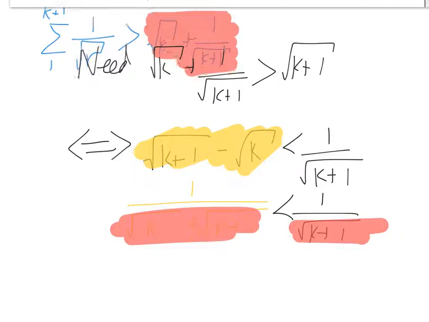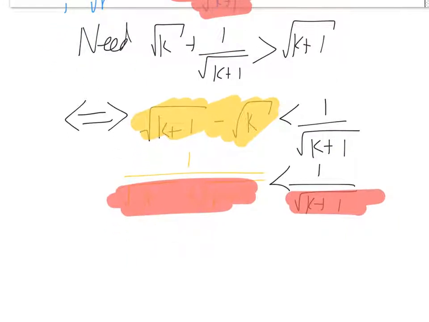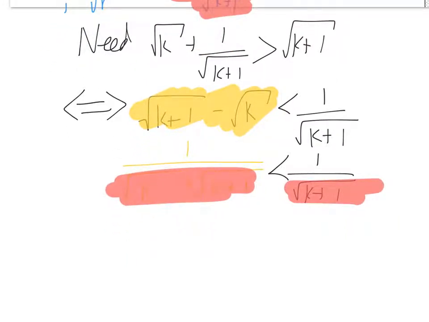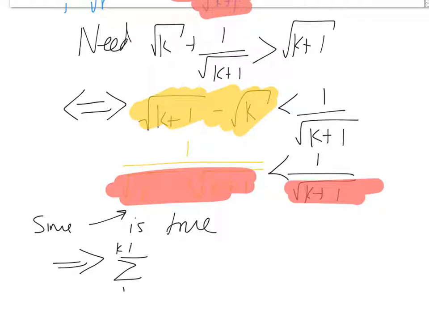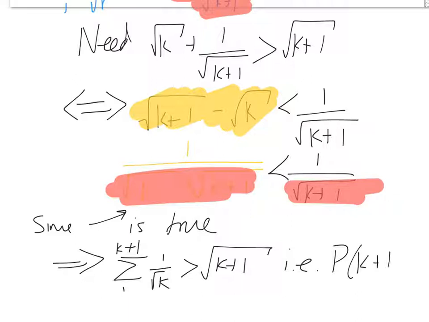So, it's all in separate pieces now. So this is true. Since that is true, that implies that the sum from 1 to k plus 1 of 1 over root r is bigger than the root of k plus 1, i.e. proposition k plus 1 holds.